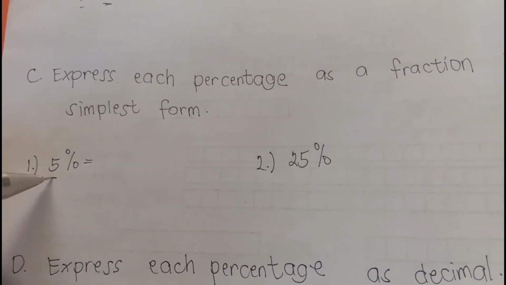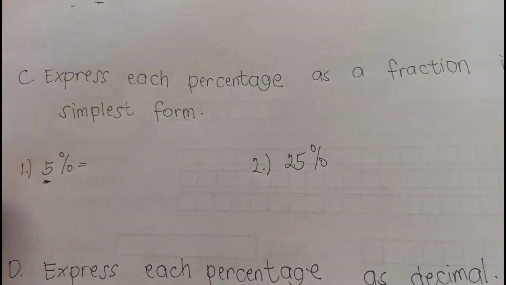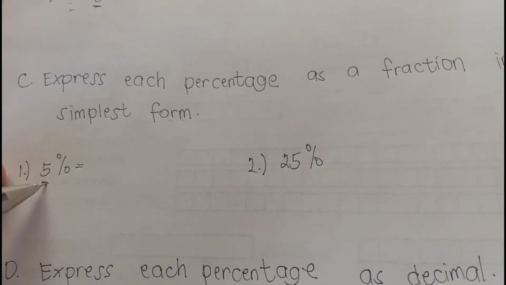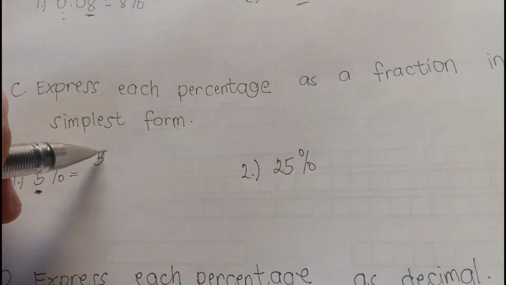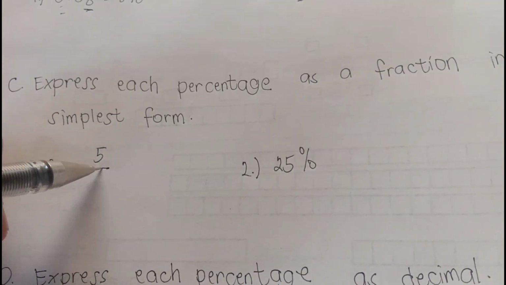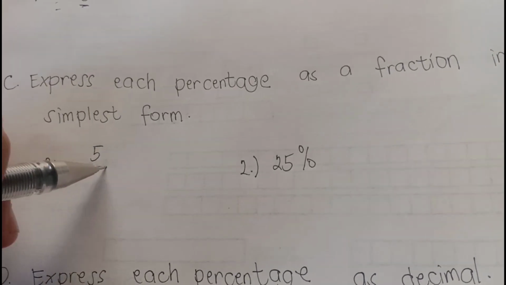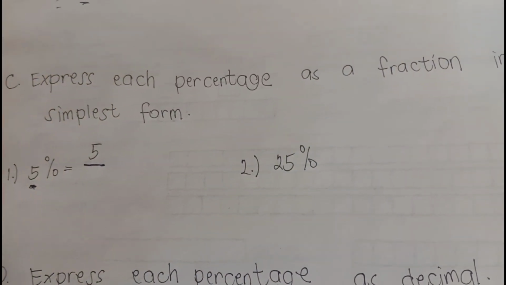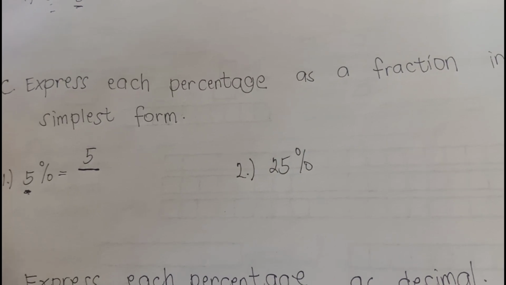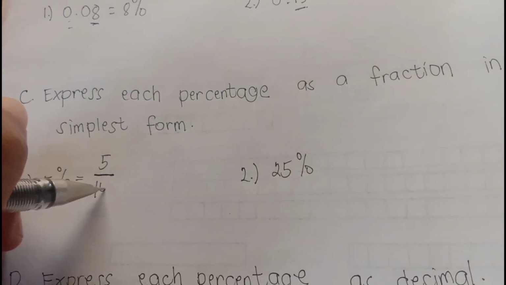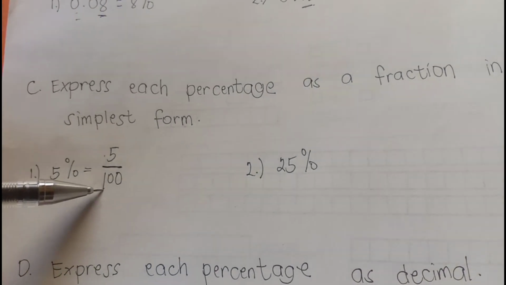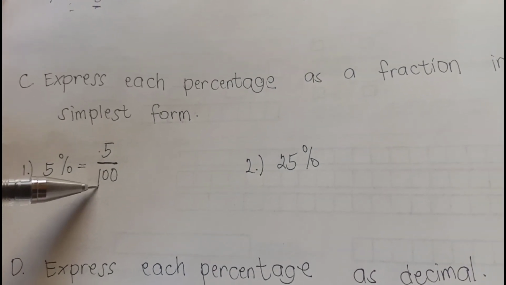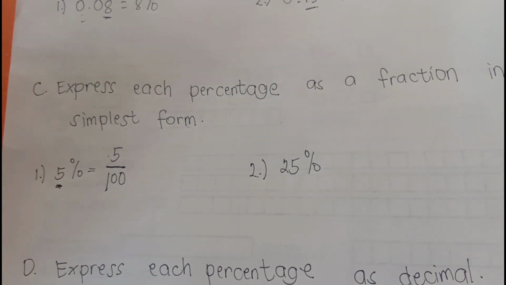Copy the 5, and this digit will be the numerator. When we say percent, it is 100, per 100 or every 100. So put 100 in the denominator. Then 5 over 100 is not in the simplest form, so we need to reduce it.